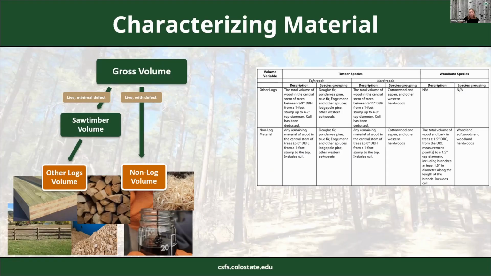It includes a lot of the woodland species that we have. And then this category would be for helping a wide range of uses that are more non-traditional industries, like biochar and bio-oil and wood chips and animal bedding and things that we're starting to see interest in Colorado.